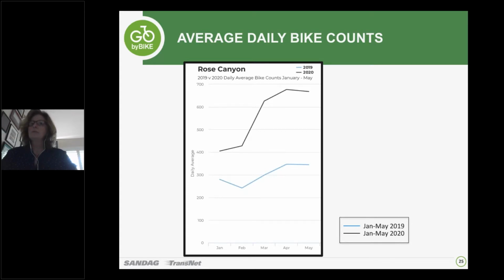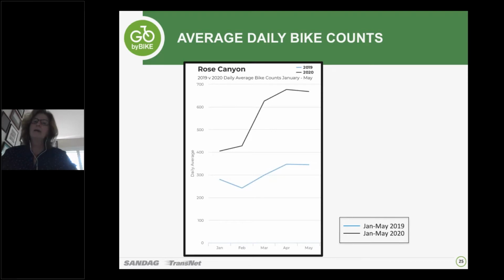This is just north of the Rose Creek Bikeway that I showed you earlier, some construction pictures, and I mentioned that it's a very heavily used corridor, and you kind of see that now. This time last year, up to about 300, 350 users on an average day with the blue line, and now you can see that we're nearly double that this spring. So it's continued to be a heavily used corridor.